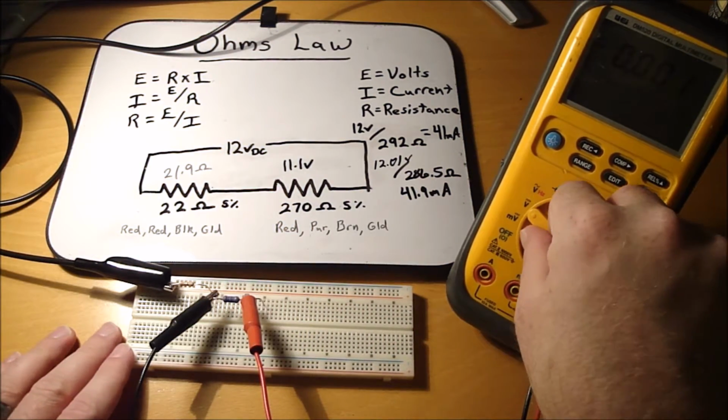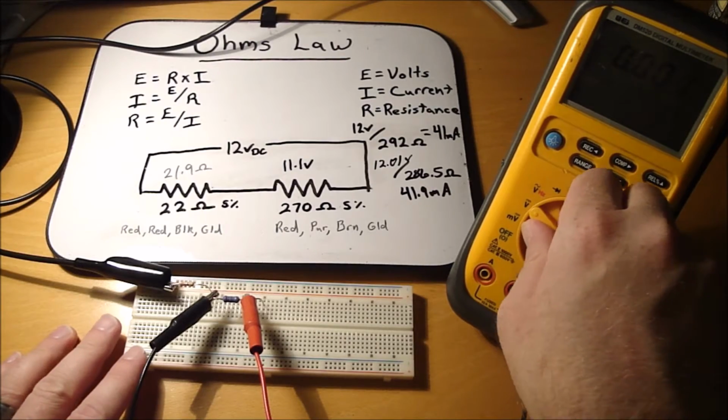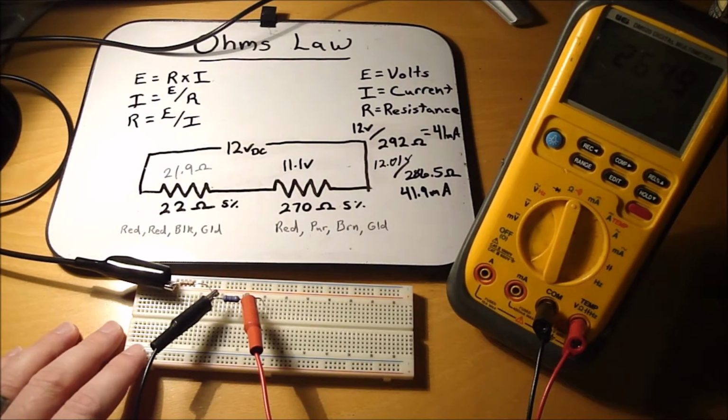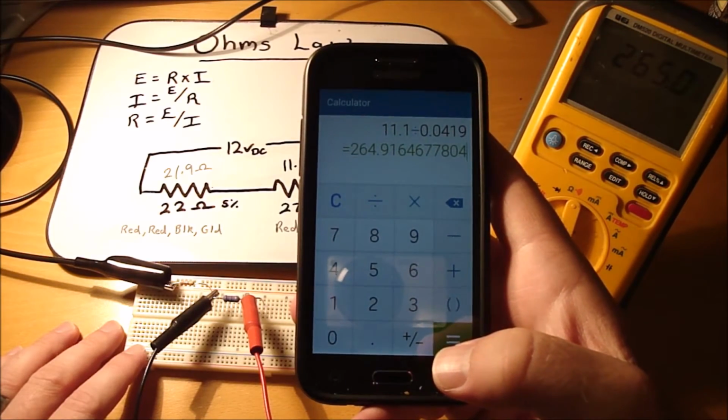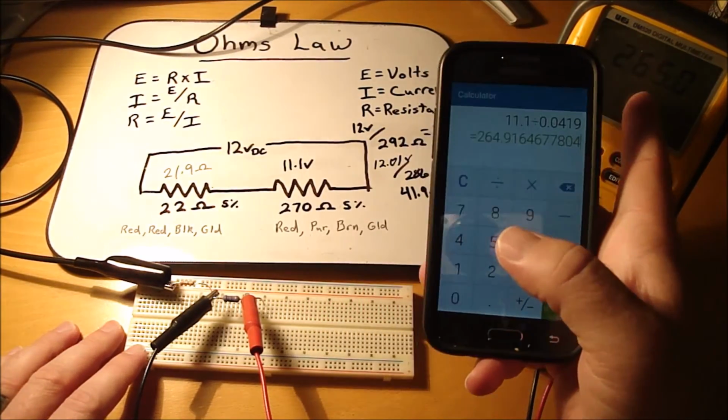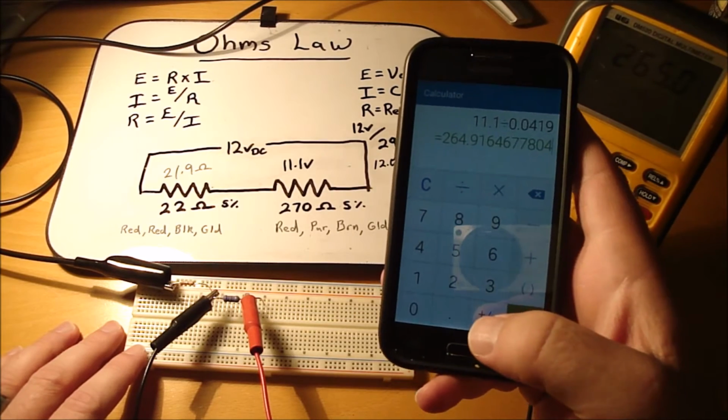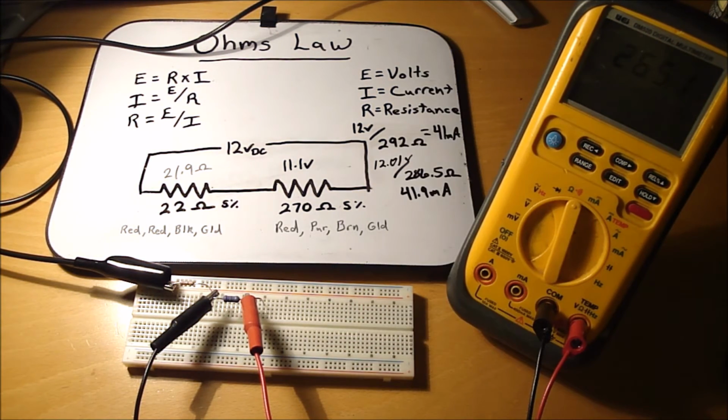Alright, so let's check and see if the equation's correct. So the meter reads 264.9 and the calculation reads 264.9 ohms. Well, the meter went up to 265, but either way, that's pretty close. So that's Ohm's law.